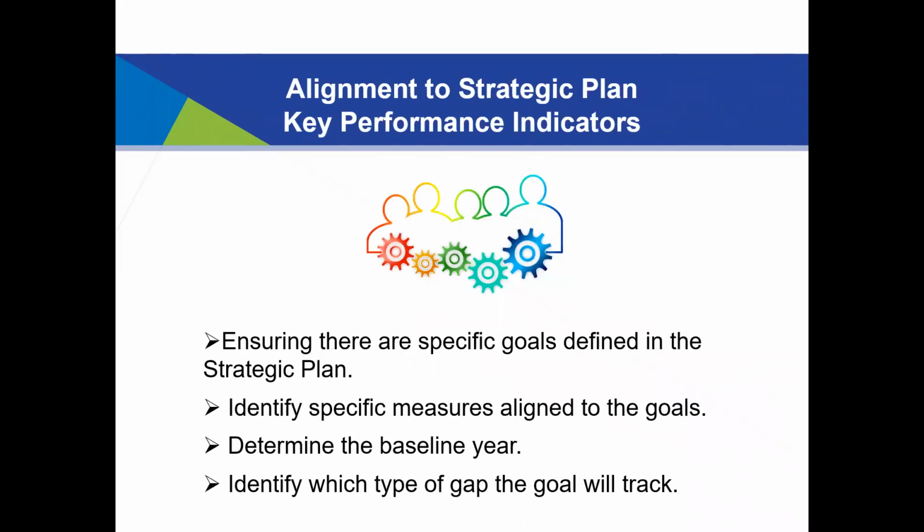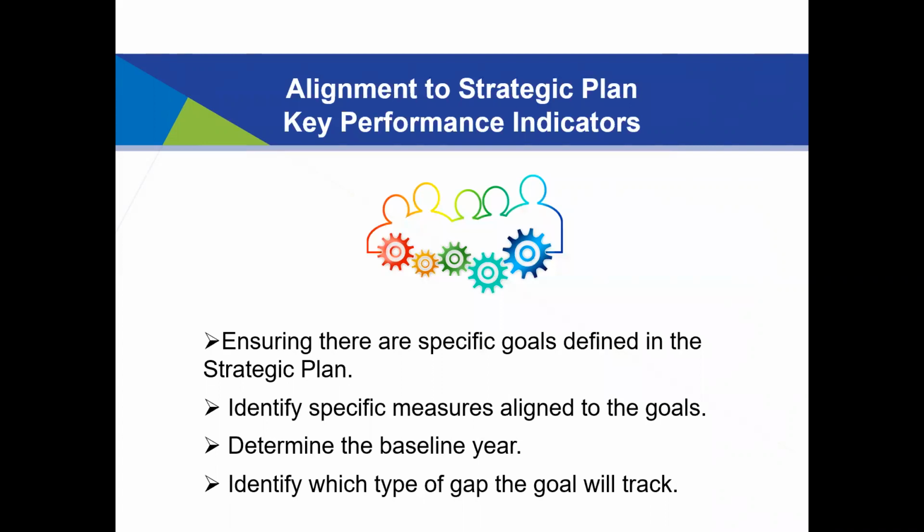So within that strategic plan, ensure there are specific goals defined in the plan, and then look at what the measures are that are aligned to those goals. You need to think about those measures on the front end. And I know that work can be a struggle, but you want to look at those goals with the idea of, at the end of the day, what would help us know that we are making progress? So you have to think about goals and measures at the same time.